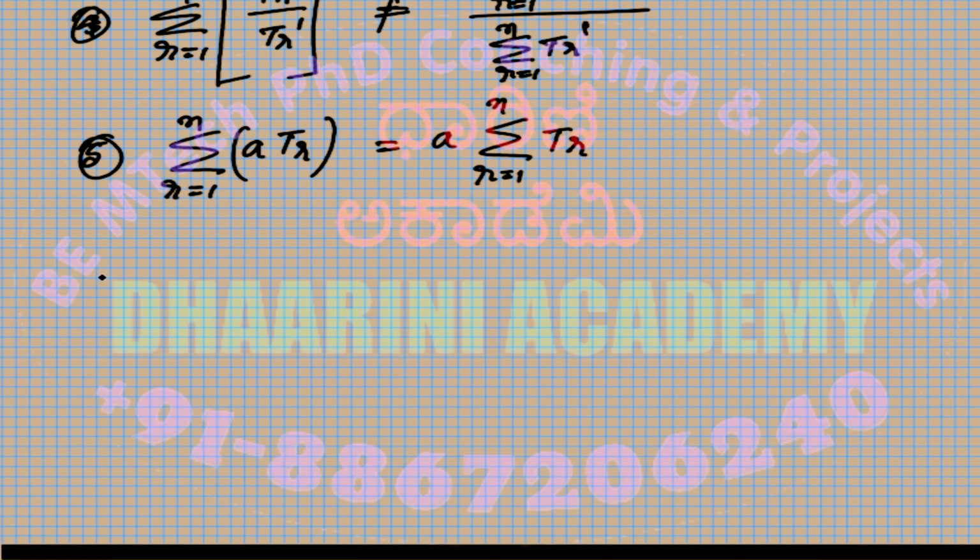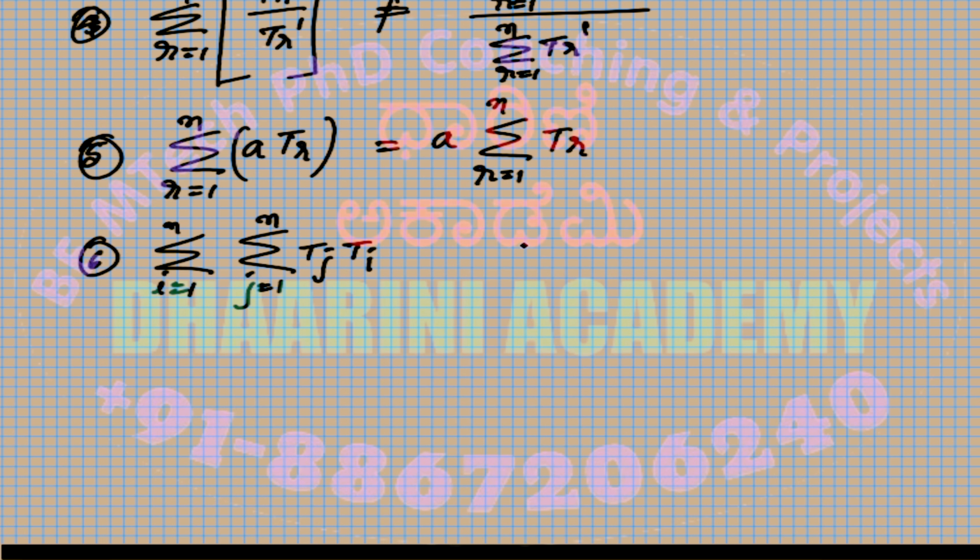Then sometimes we have a special case coming up where we have double summations. One is for i, say i is equal to 1 to n, j is equal to 1 to n, of tj ti.